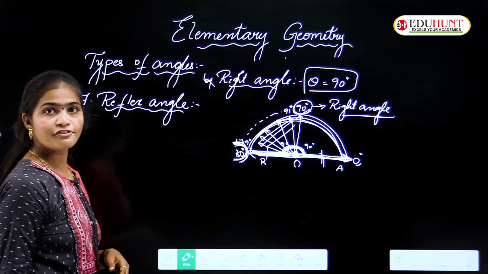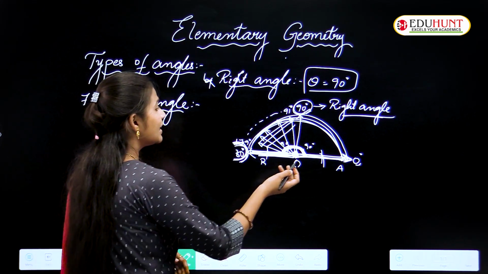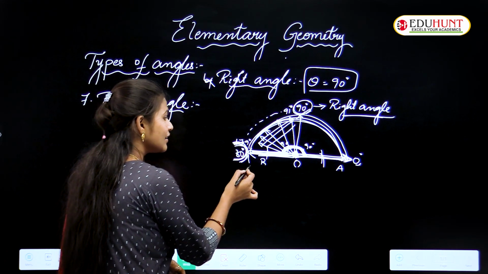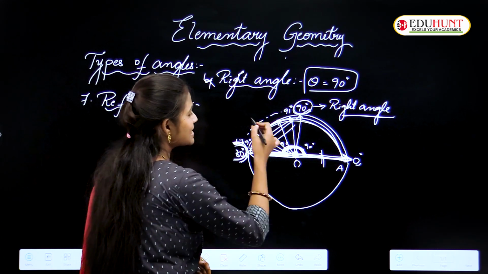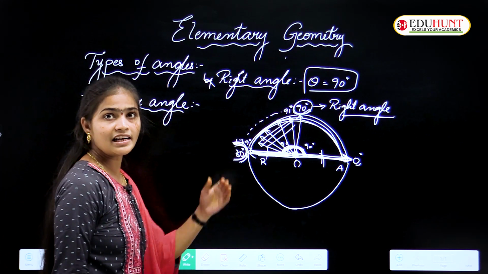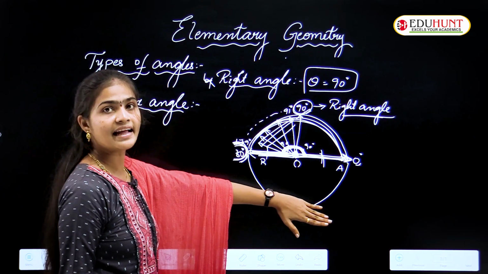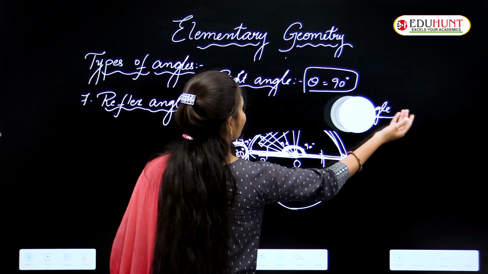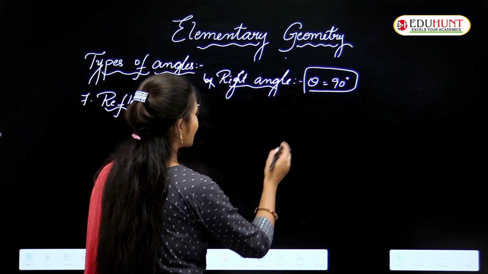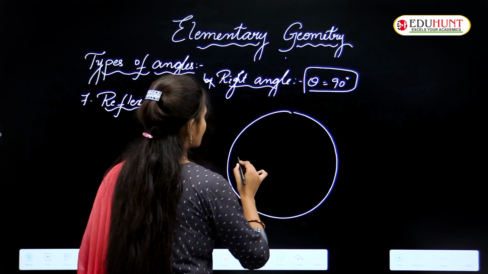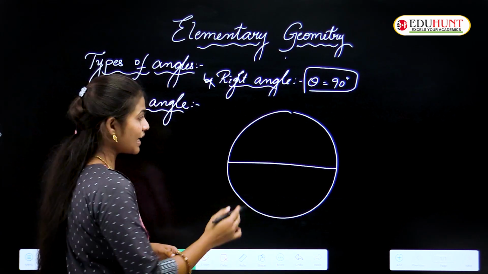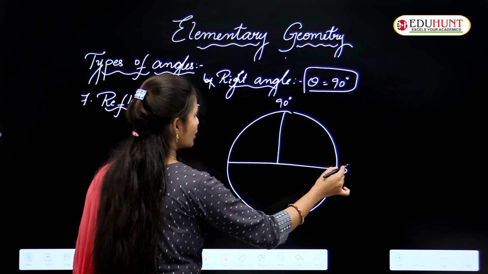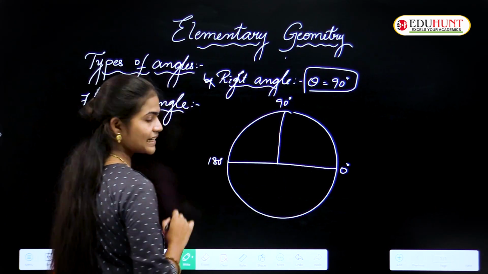So next one is reflex angle. Reflex angle means what? Already we know that up to 180 degrees we learned. After that, greater than 180 and less than 360. If you rotate that protractor like this, it forms one complete circle, right? One complete rotation means one complete angle. Here I have taken this as a protractor, with 0 degrees, 90 degrees and 180 degrees.